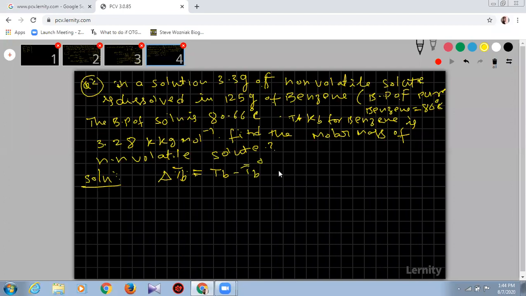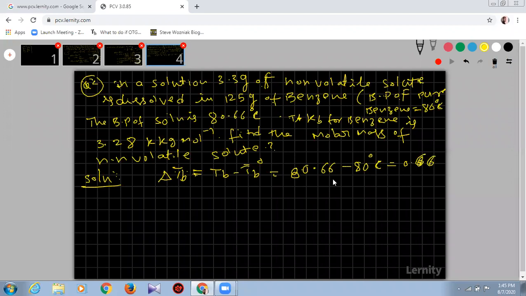Okay, that was directly given here. The boiling point of solution here was given as 80.66, and the boiling point of solvent is 80 degrees centigrade. That's why we will do like this: 80.66 minus 80 degrees centigrade. Then how much will come here? 0.66 will come.